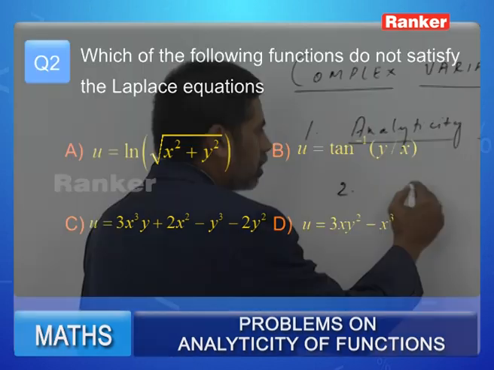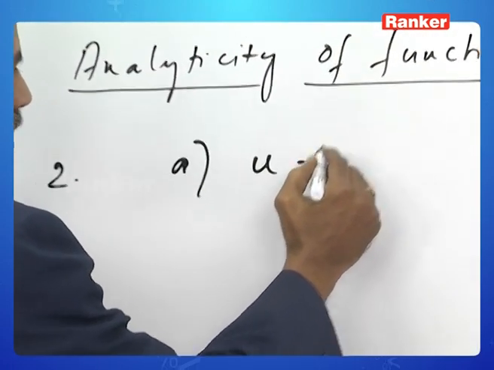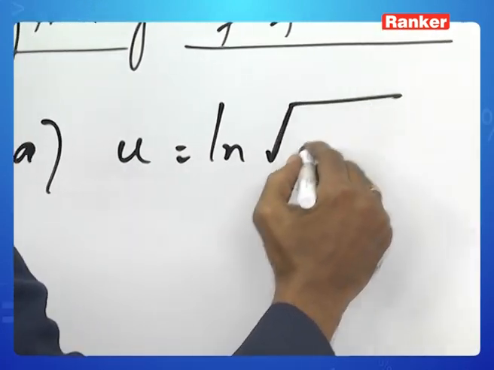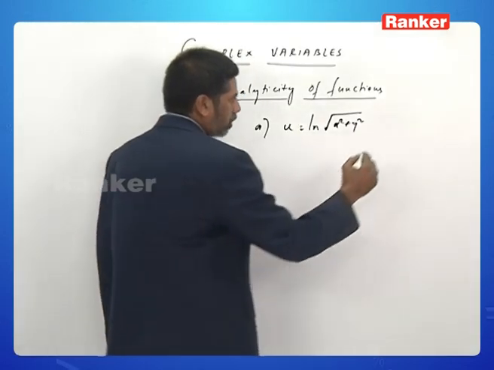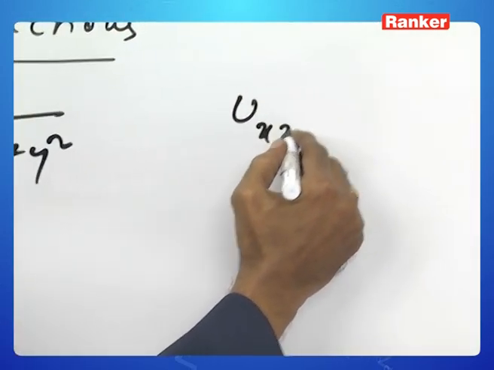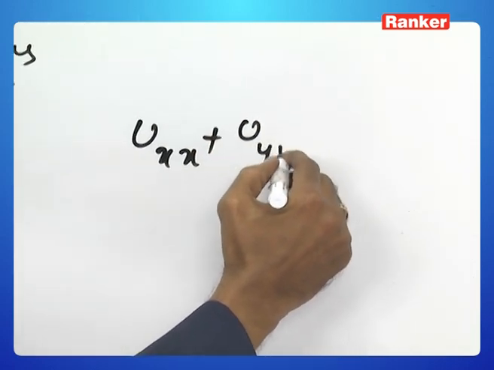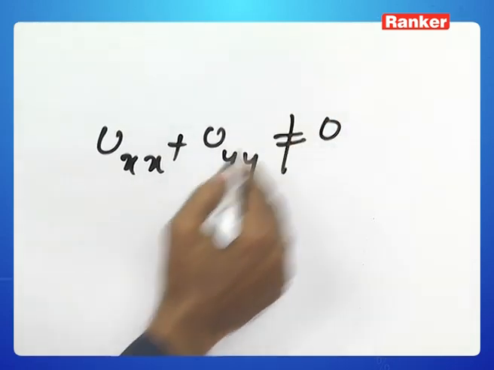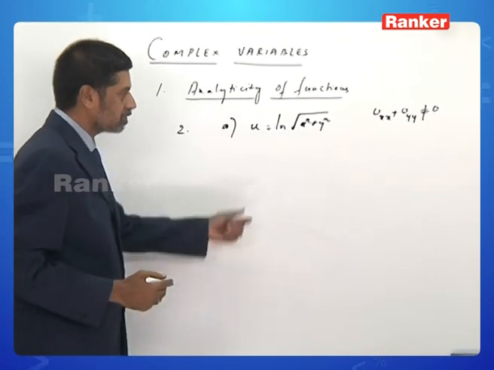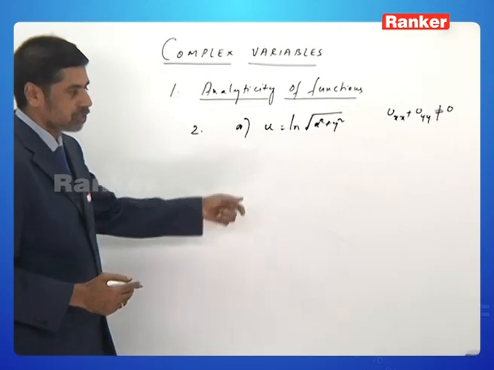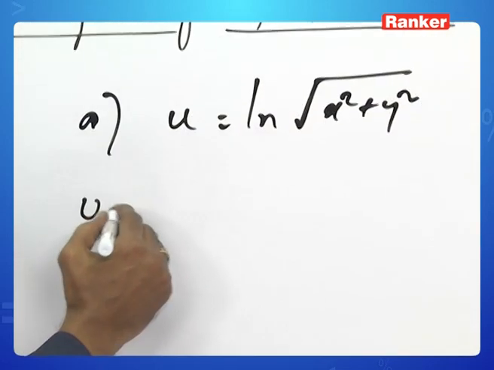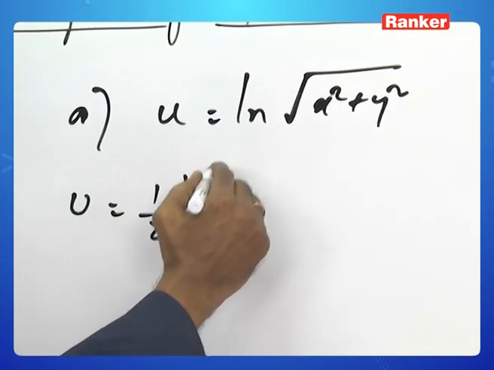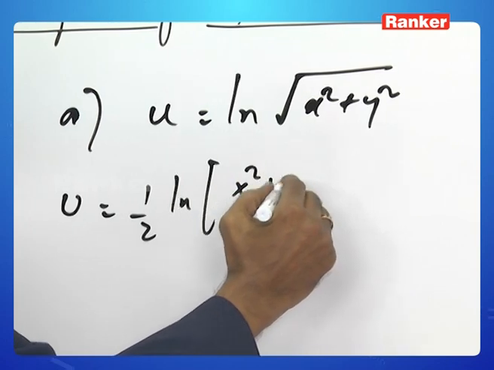So, let us start with the first one. Now, we are looking for that option where uxx plus uyy is not equal to 0, because we want that function in the list which does not satisfy the Laplace's equation. So, let us write this as u is equal to half log x square plus y squared.